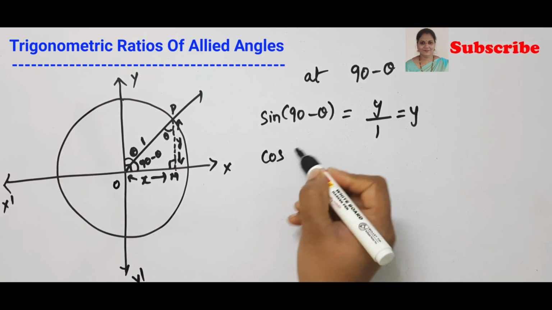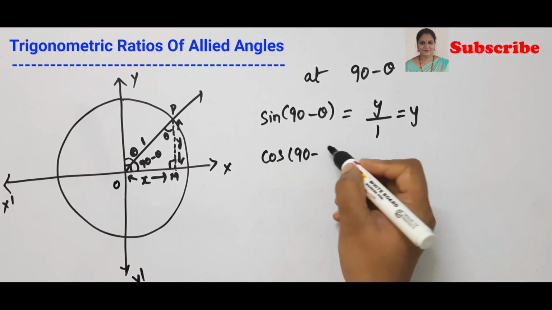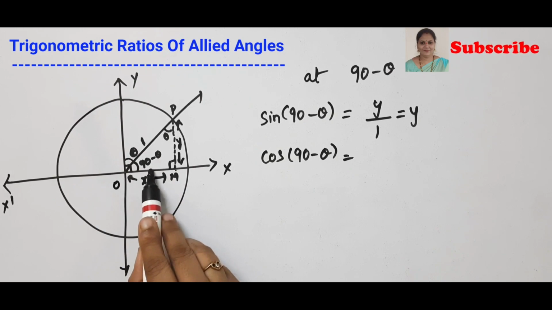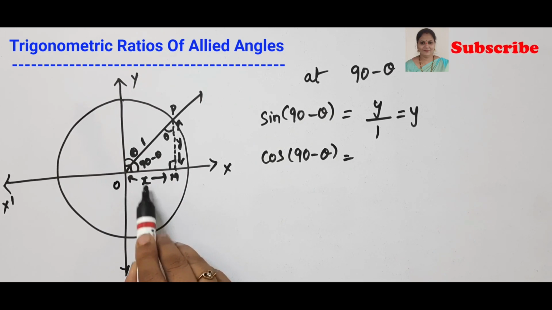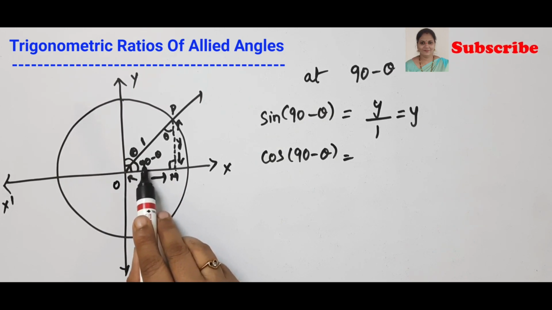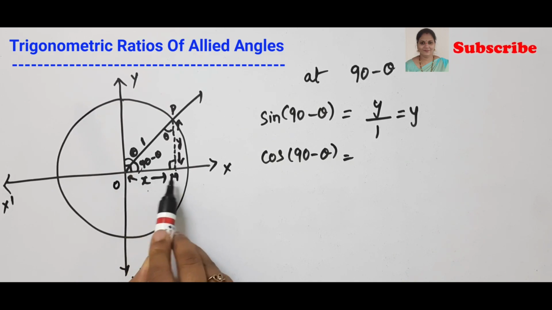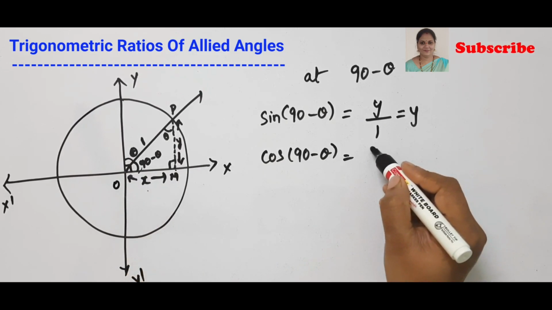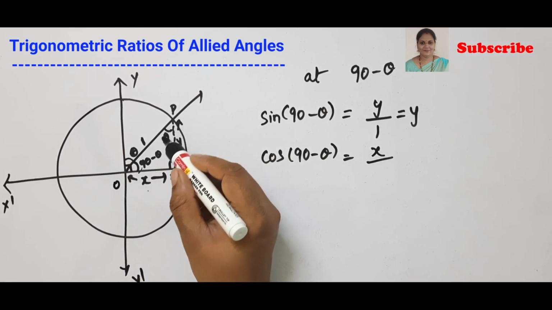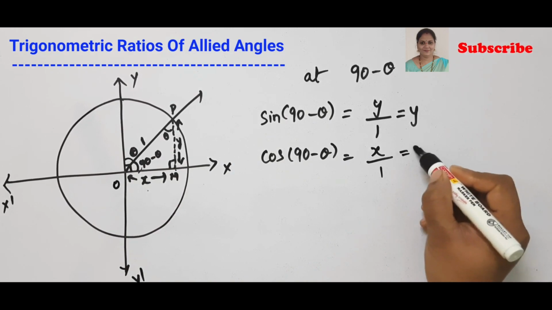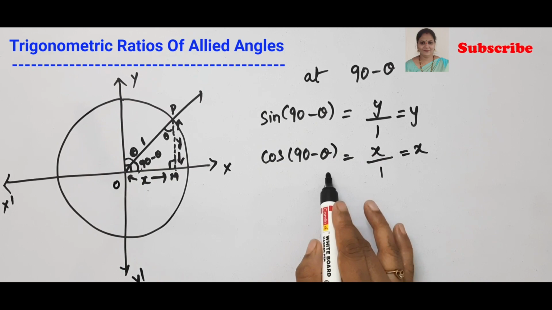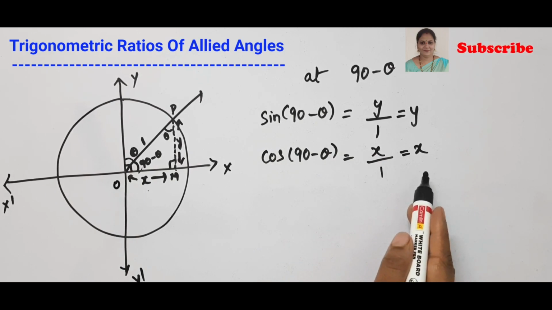Cos of 90 minus theta is nothing but adjacent side by hypotenuse. The side which is adjacent to angle 90 minus theta is OM, which is x. x by 1, this is hypotenuse, is it not? So x by 1 is equal to x. So we got sine of 90 minus theta as y, cos of 90 minus theta is equal to x.